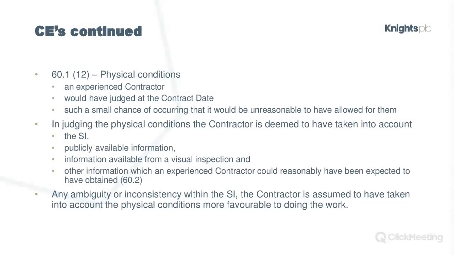And it's quite nicely drafted, this unreasonable for you to allow for it, because what you can do is put it back to the employer and say, well, what would you have done if I'd added £500,000 onto the contract to take account of these ground conditions at the time, when none of us had anticipated them happening.